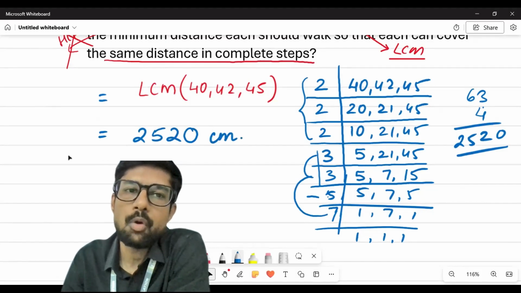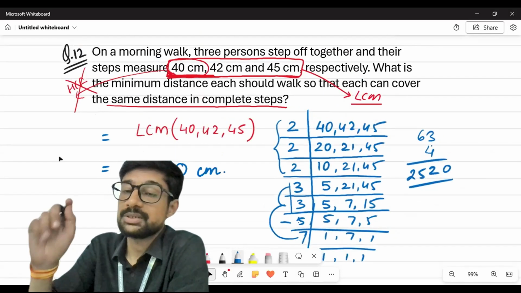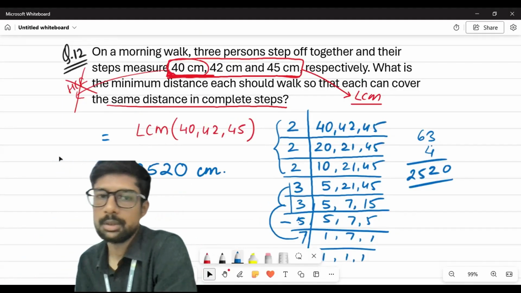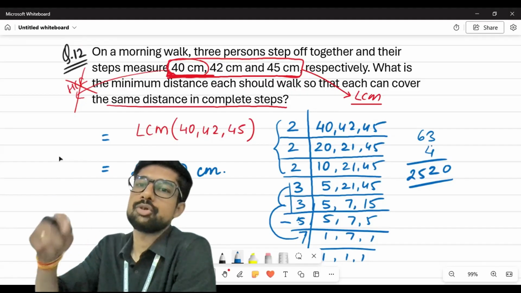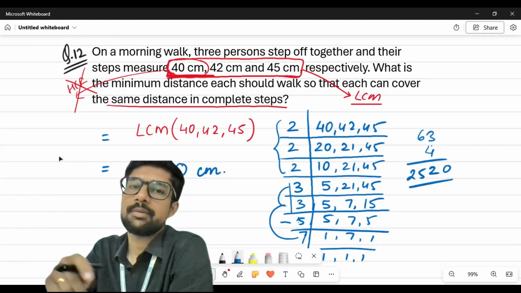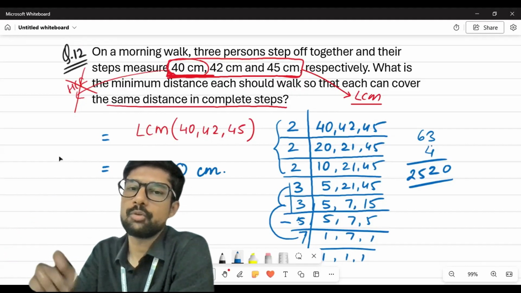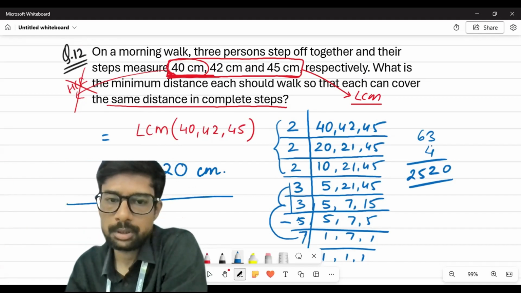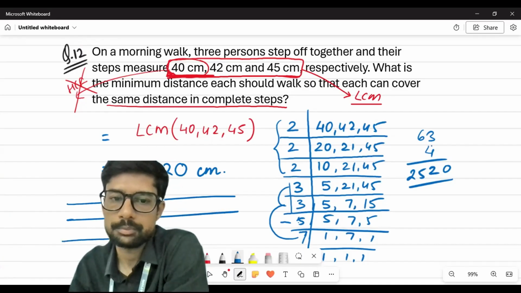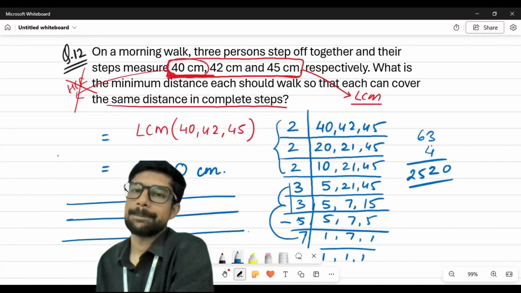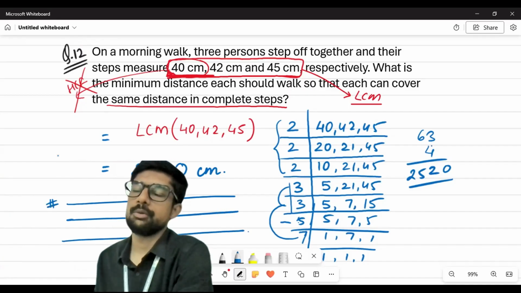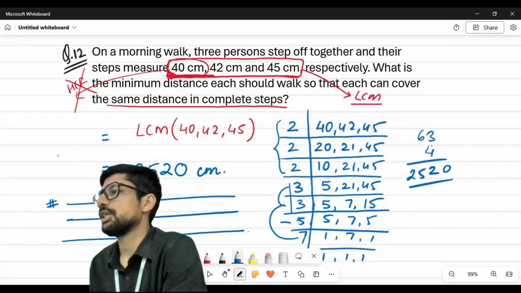That means they have to walk, and we have to present a final concluding statement. That's a part of the marking scheme of board exams. The minimum distance each should walk so that each can cover the same distance is 2520 centimeter. There should be a concluding statement after such word problems. Okay. It's necessary. 2520, the LCM of these three, is what each person should walk.